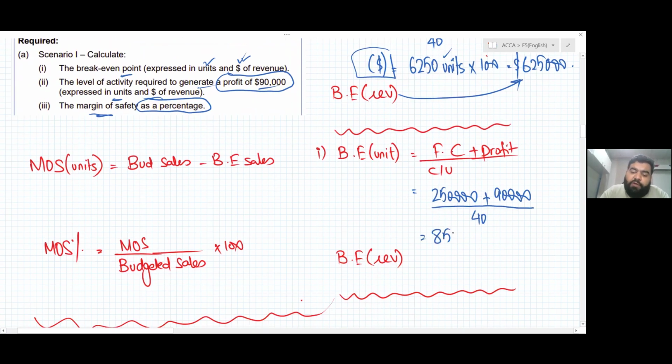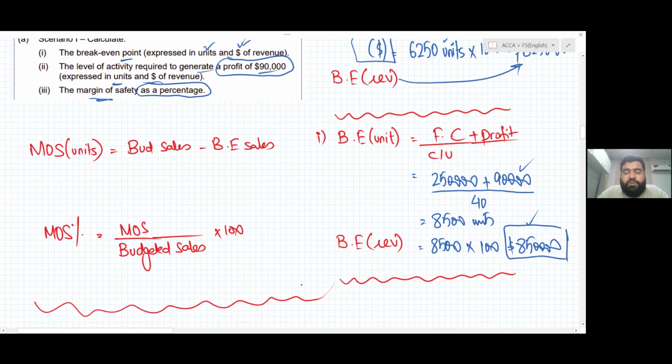In units, they have to sell 8,500 units to reach the profit of 90,000. And in case they want break even in revenue, just multiply this 8,500 with the selling price 100. That will be $850,000. So it's the question with the profit.